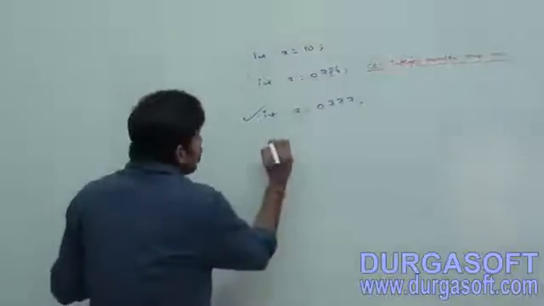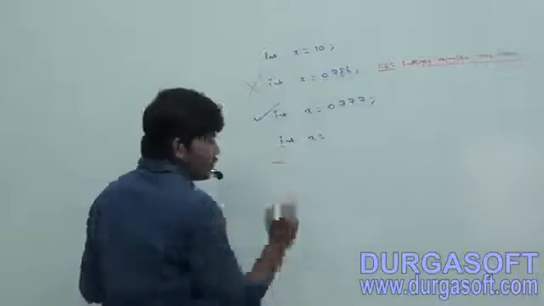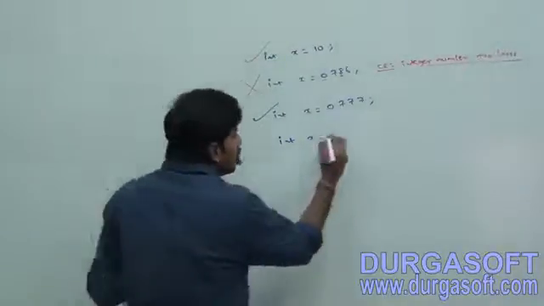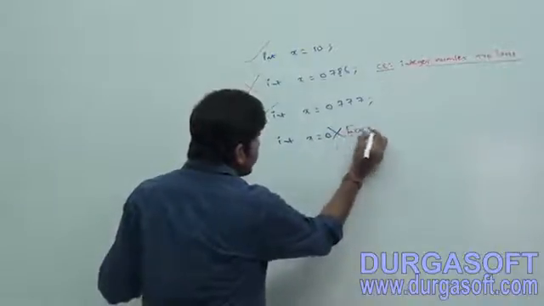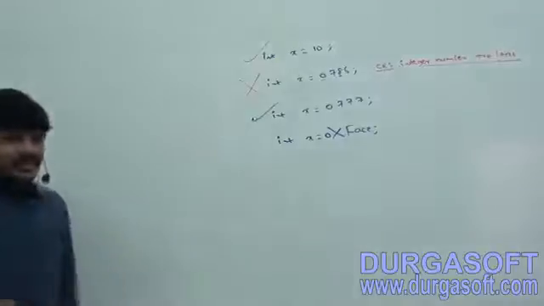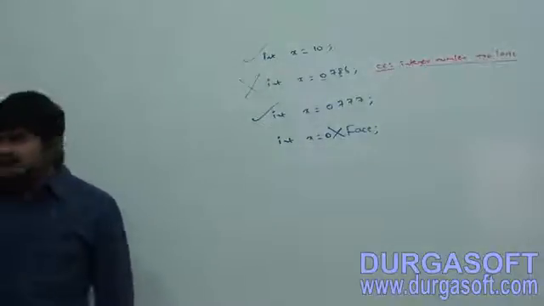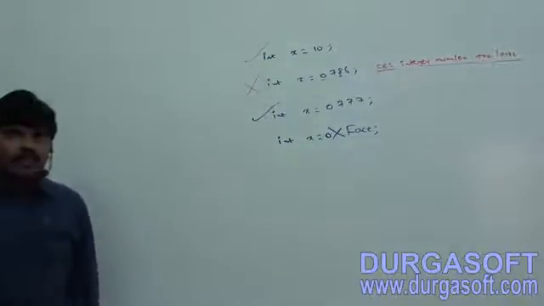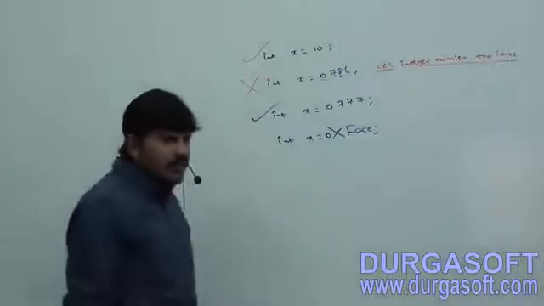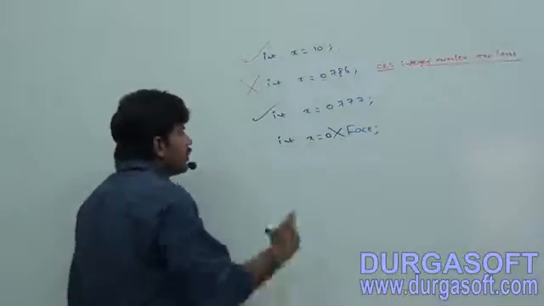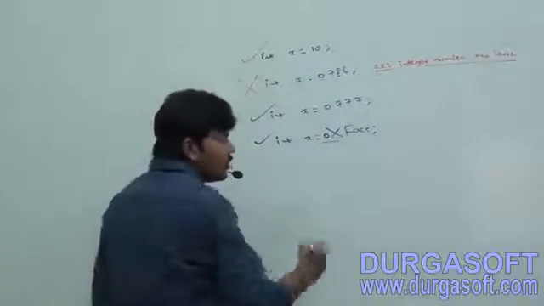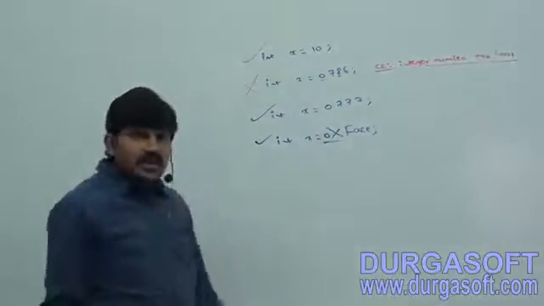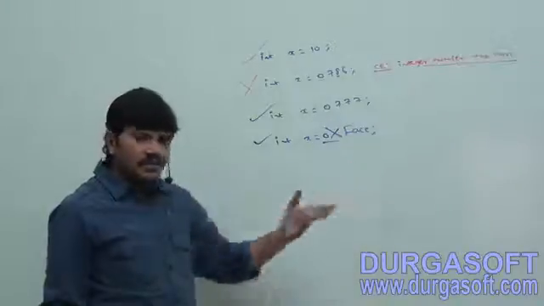Next, int x = 0xFACE, valid or not? This one is valid because 0x means hexadecimal, and FACE is a valid combination.